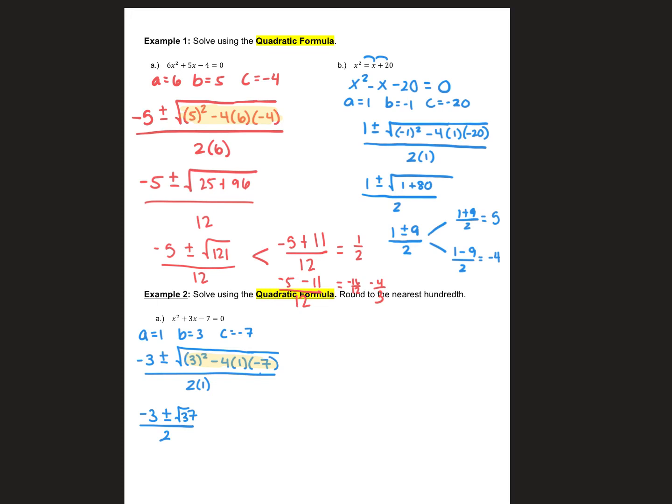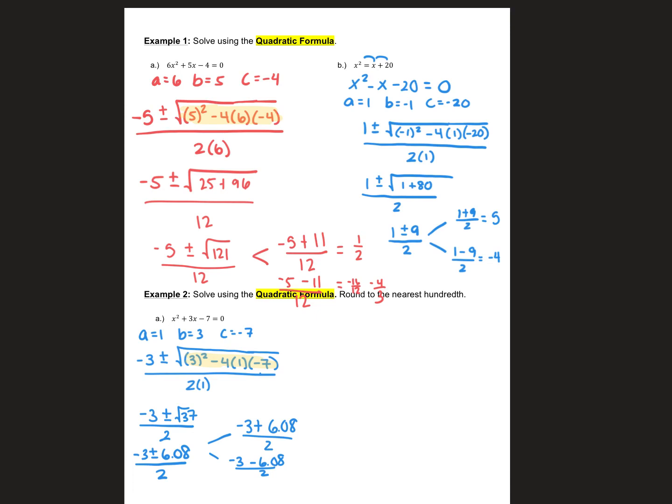But it says we can round to the nearest hundredth, so I'm going to take the square root of 37 in my calculator, and it comes out to 6.08. And then you make two math problems. One is -3 plus 6.08 divided by 2, and the other is -3 minus 6.08 divided by 2.